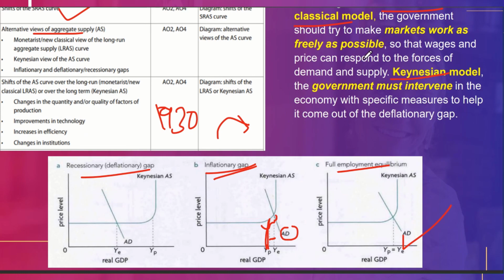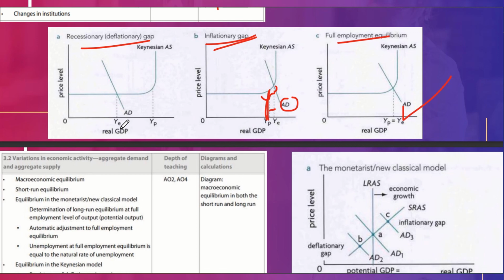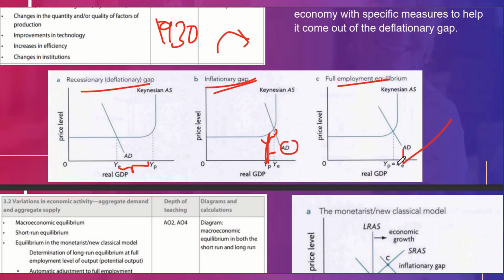So how does government intervention take place? During a deflationary or recessionary case, how will government intervention help to improve the economic activities, and during inflationary pressure, how will government intervention help, and at the full employment level. The full employment level is what all countries always prefer.